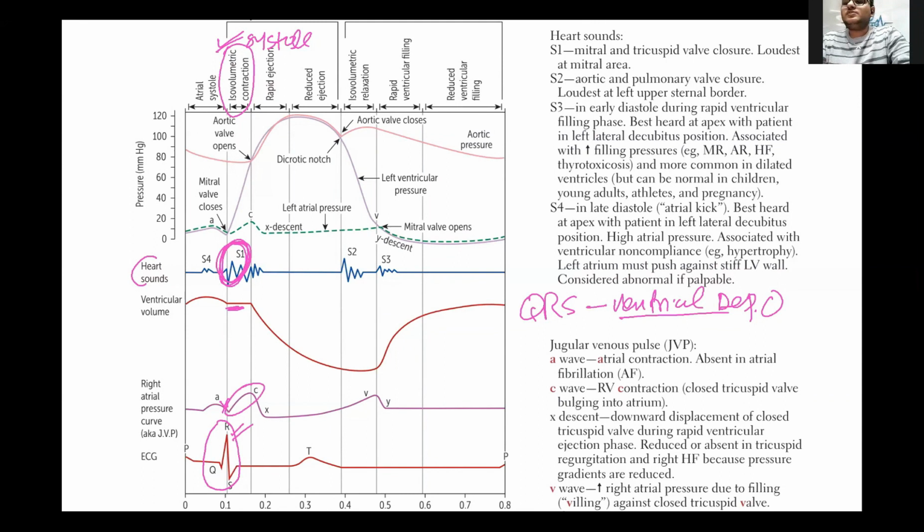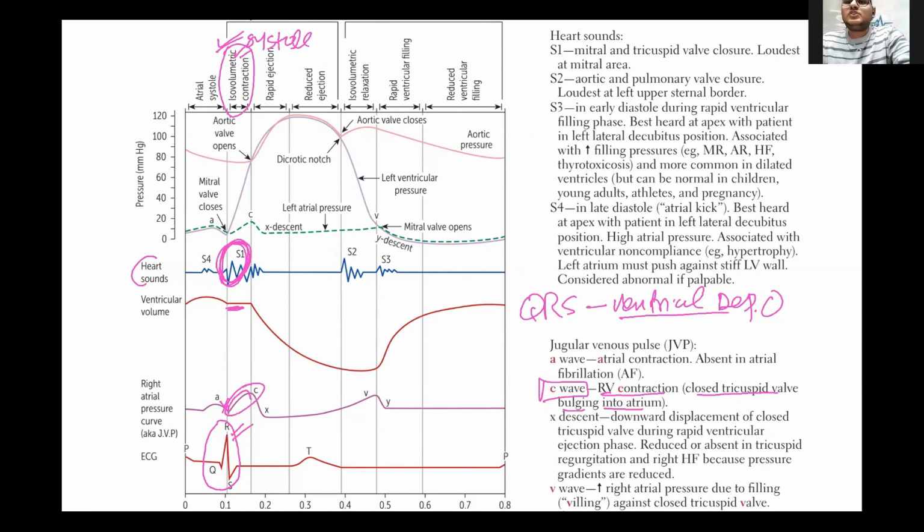It is always produced when there is a closed tricuspid valve, in isovolumetric contraction. C wave is produced when there is right ventricular contraction, with the closed tricuspid valve bulging into the atrium. That C wave in the jugular vein occurs in this isovolumetric contraction.